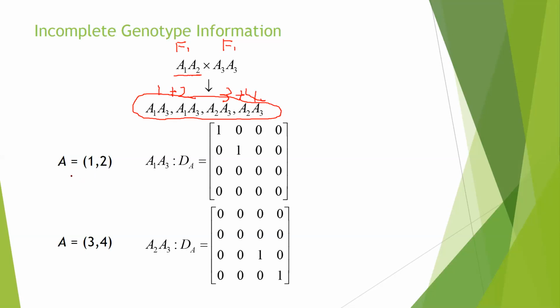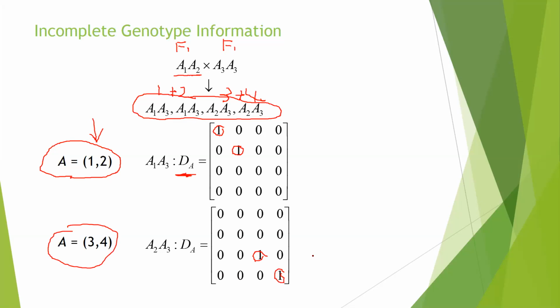Now if we want to denote the genotype for genotypes 1 and 2, we still use this D matrix, but we put 1 here and 1 here to represent these two genotypes. Is that clear? And for these two genotypes, we put 1 here and 1 here.